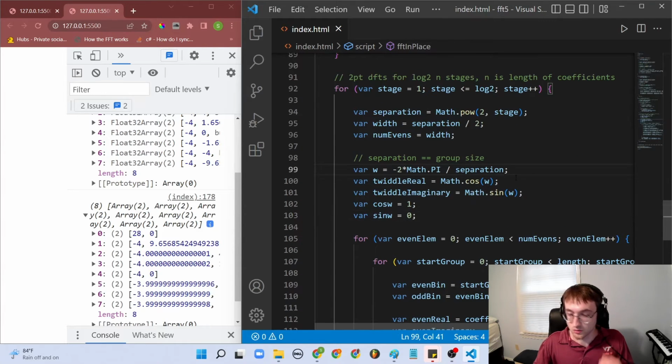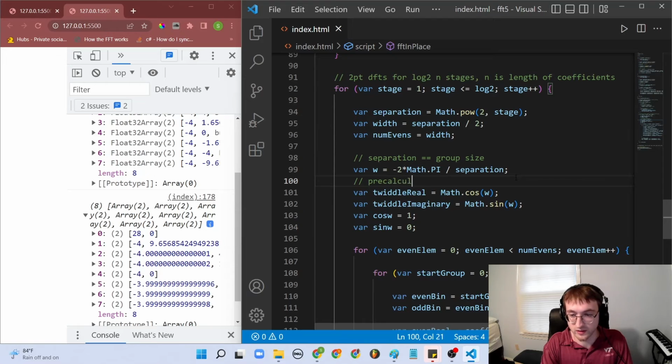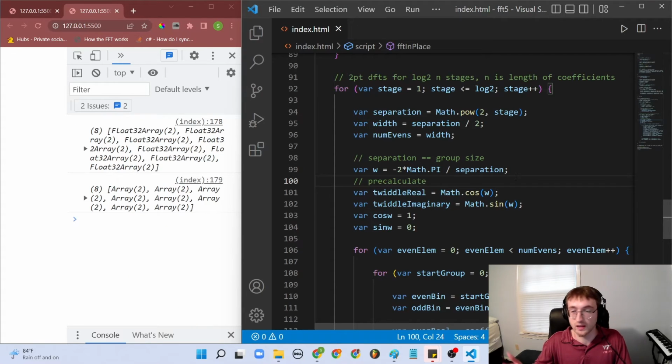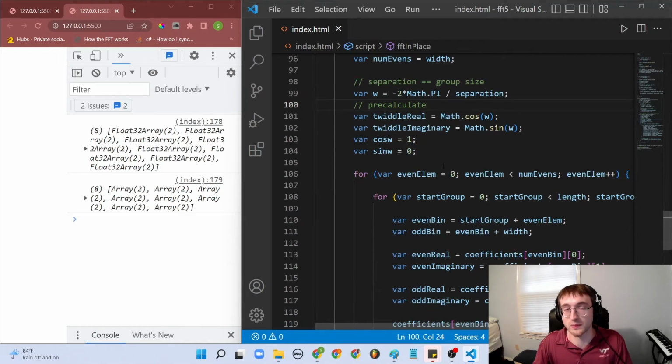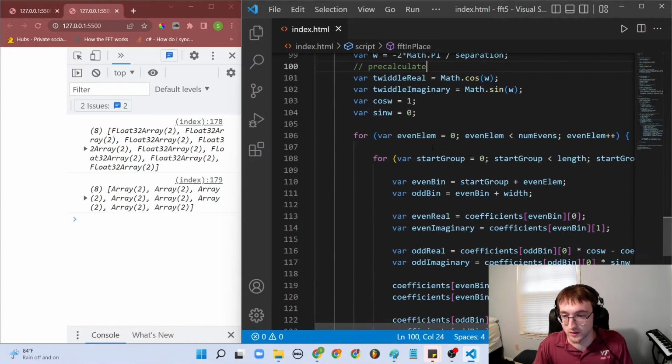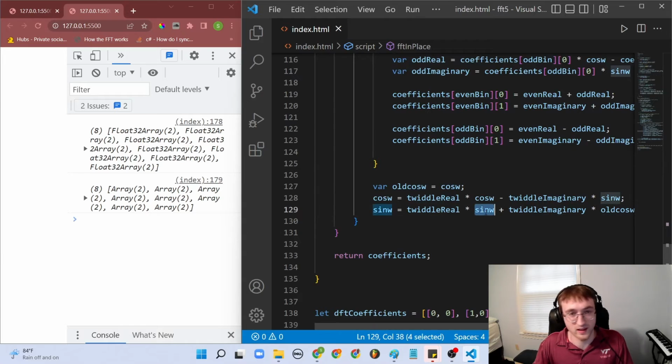Now what's even cooler is you can actually pre-calculate these if you really want to. So that would be the most ultimate ideal thing you could do. But I don't know, to me that's good enough, right? I think we've made some pretty good optimizations.